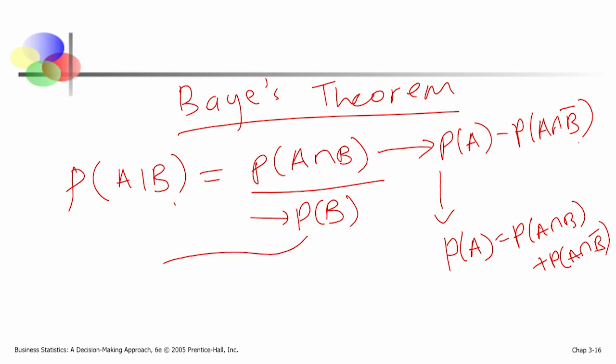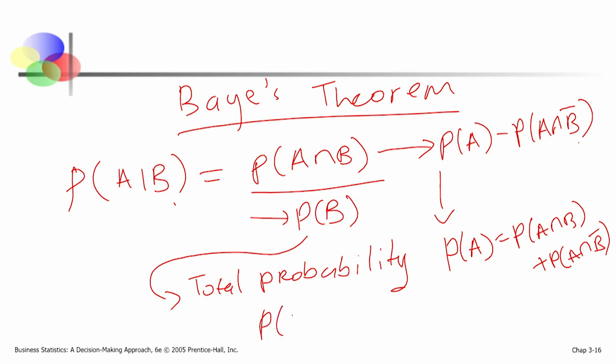This will come from the total probability again. The probability of B can be equal to the probability of A intersect B plus the probability of not A intersect B.